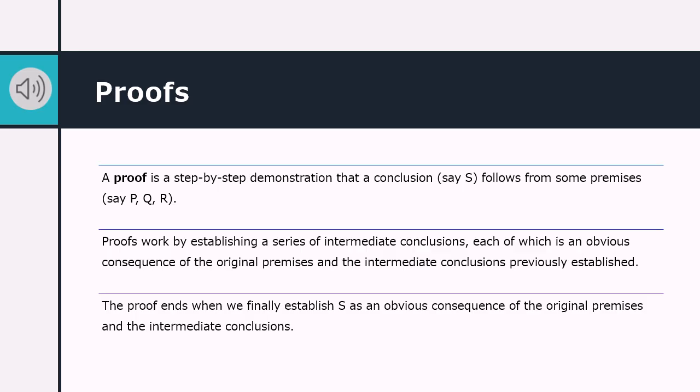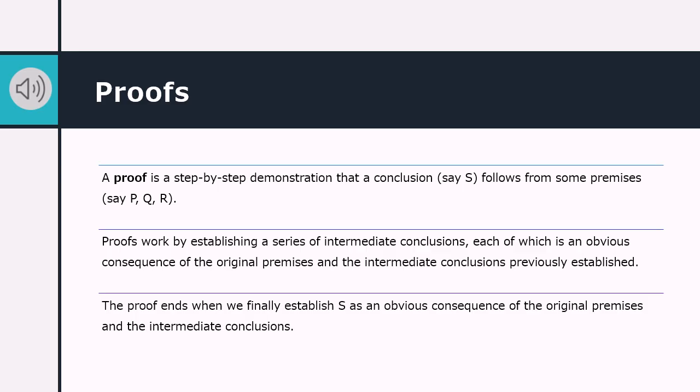And there are going to be two types of proofs. There are formal proofs and informal proofs. Informal proofs are just written in everyday sort of English language, and they're not imprecise. They're very precise sort of mathematical objects.